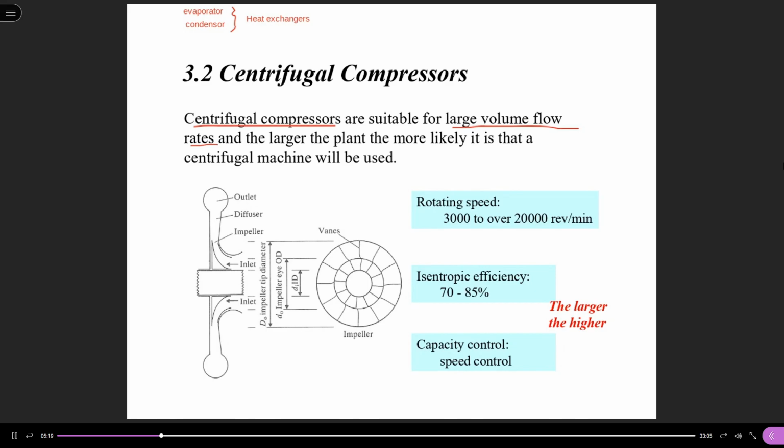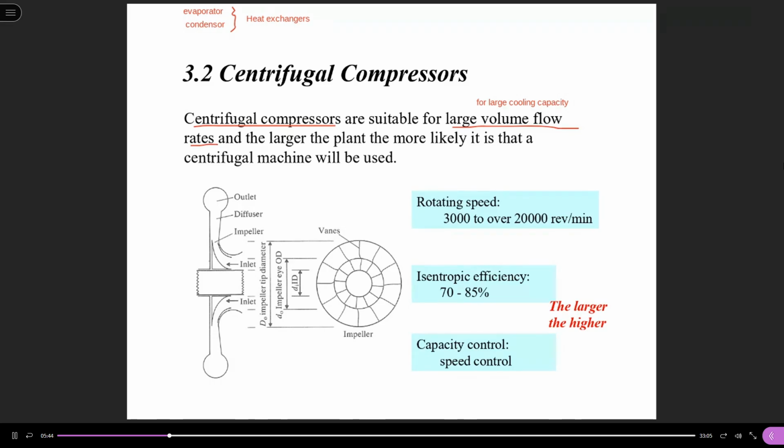In fact, it's the same as a centrifugal pump or centrifugal fan. For the pumps and fans in our daily life, they are also called centrifugal pumps and fans, with a similar working principle.